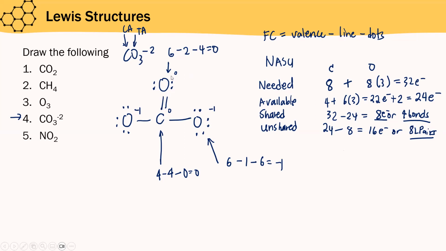So lagi tandaan, when you add up all the formal charges, it should be the total charge of the molecule. In ozone, the formal charges are 0, positive 1, negative 1. So when you add it up, 0 pa rin yung formal charge ng molecule. But for carbonate, it appears that these two oxygens has negative 1 charge. So when you add them up, it will be negative 2.